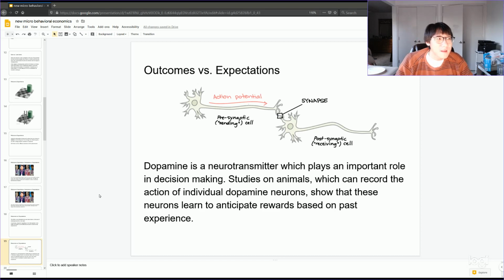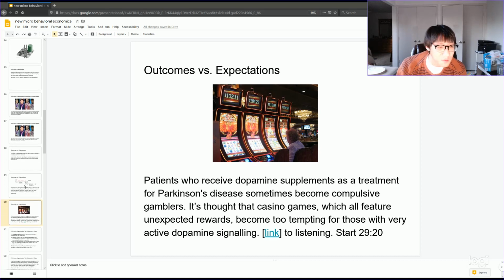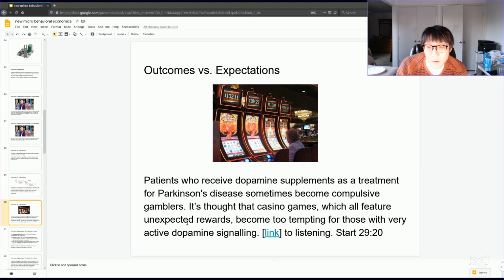What's been found in both animals and people is that these dopamine neurons respond to reward, but they don't respond to the magnitude of the reward. What they respond to is the difference between the reward that you got and the reward that you expected.